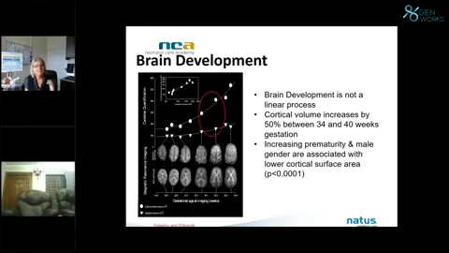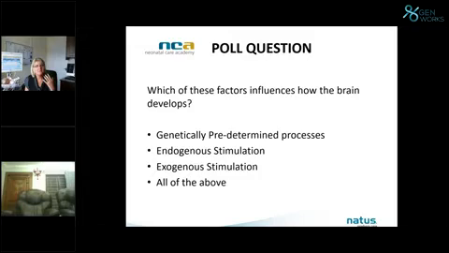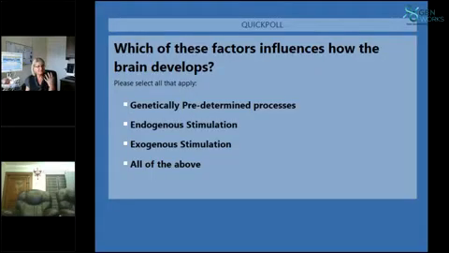Okay, so again, I want to ask a question of you guys, which is, which of these factors do you think influences how the brain develops? So what influence do you think happens? Is it just a genetically predetermined process?